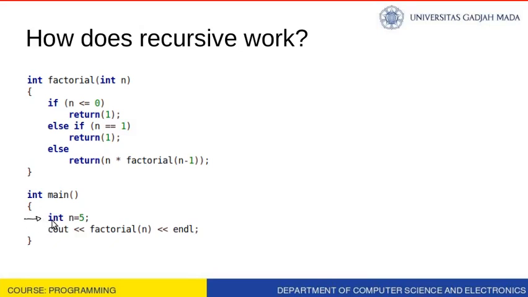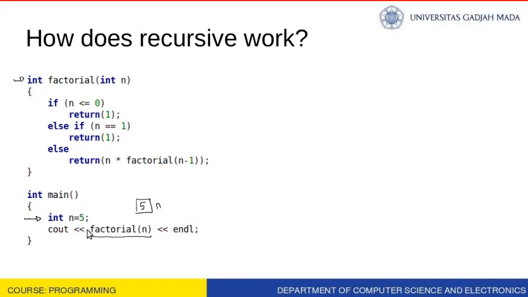So here the program execution will allocate a memory with the name of n, and the value is 5, and then we do the cout. However, in the cout we have to execute this function call. So we will go to this function call.